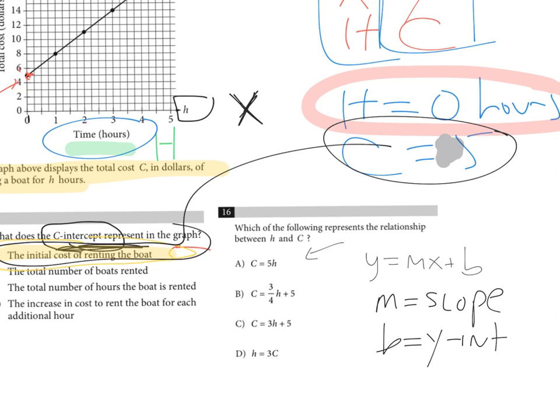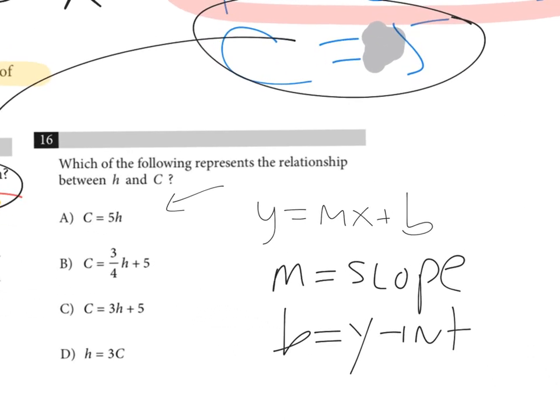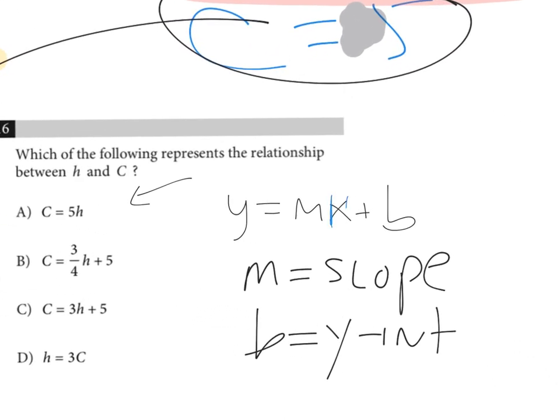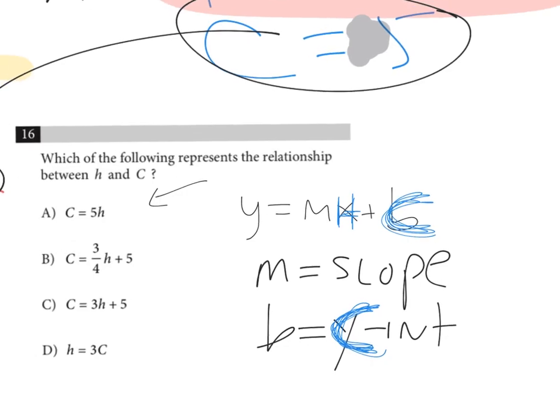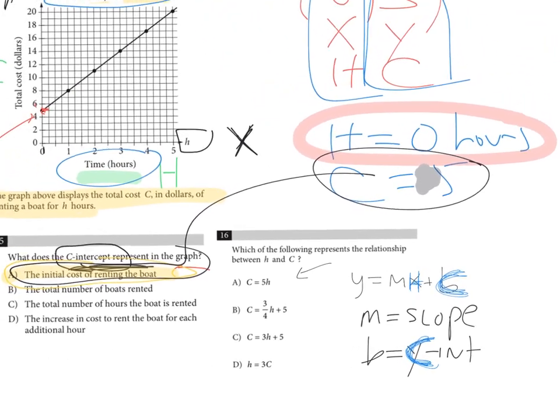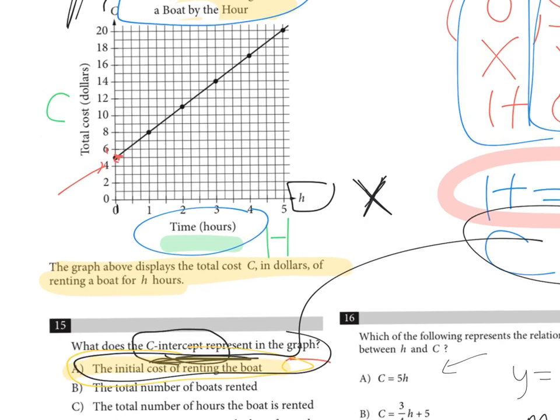Now, we're used to seeing x and y. Here, our x is H, and our y is C. So the y-intercept is really the C-intercept, where the line hits the y or C axis.